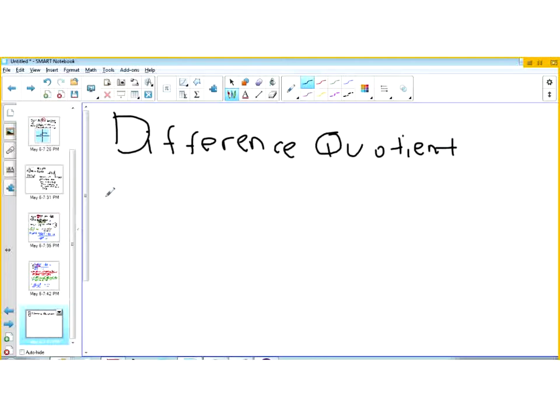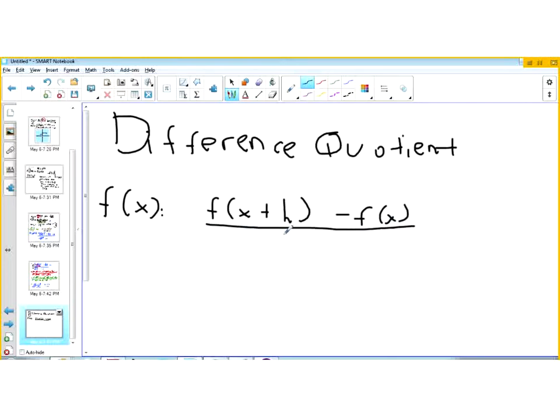Okay, so the difference quotient, if I'm given f of x, its difference quotient would be represented as f of x plus h minus f of x, divided by h.